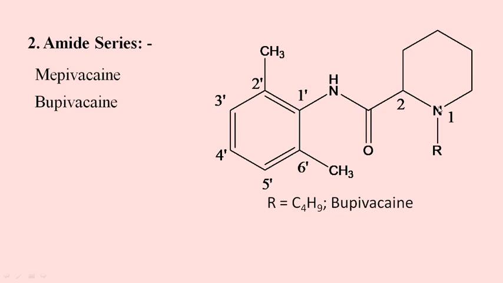Once again, 1-butyl-N-(2,6-dimethylphenyl)piperidine-2-carboxamide. Bupivacaine is a widely used amide local anesthetic. Its structure is similar to that of lidocaine, except that the amide containing group is a butyl piperidine. We'll see this in lidocaine. Bupivacaine is a potent agent capable of producing prolonged anesthesia.